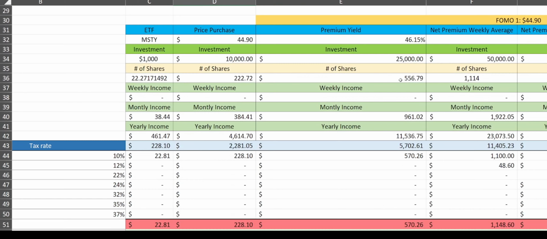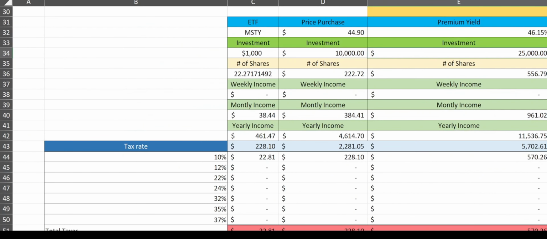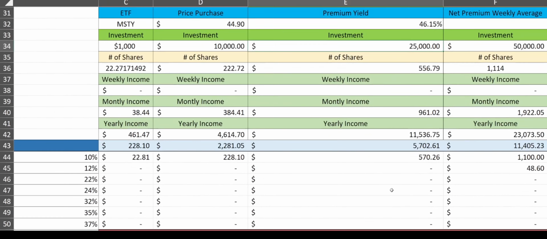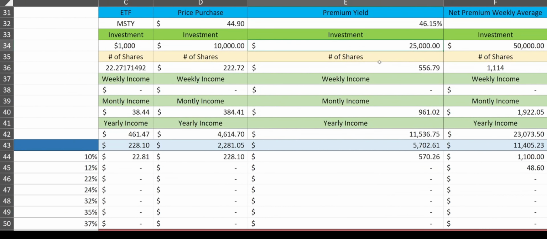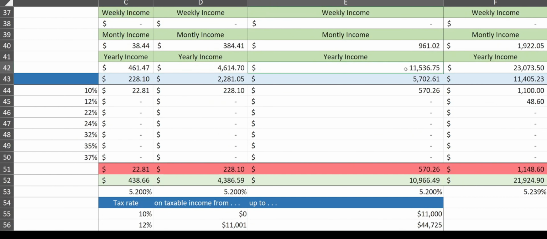Cool. Let's go to the $25,000 investment. Let's maybe zoom in a little bit more. Okay, so that is maybe a little bit better, guys. For that $25,000 investment, we're going to own 556.79 shares. Monthly income is $961.02. Over a year, that $25,000 is going to net you $11,536.75.